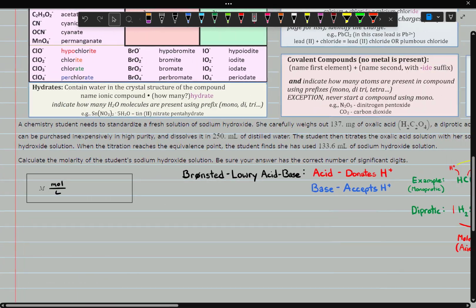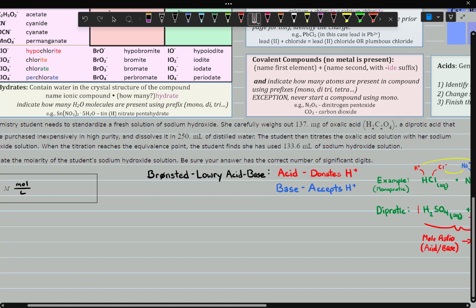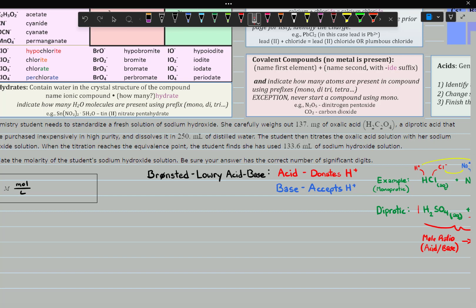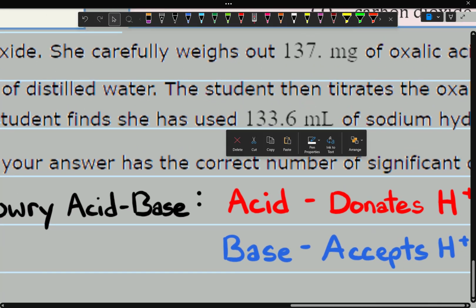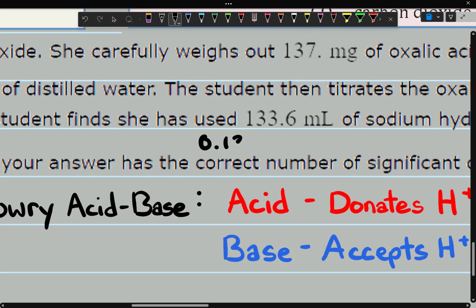Right off the bat we can see that we are given liters already. 133.6 milliliters of sodium hydroxide is used, so we have our L, which can be expressed as 0.1336 liters.